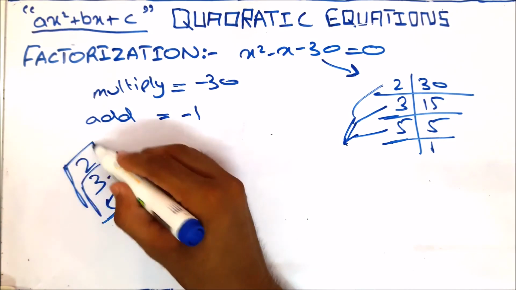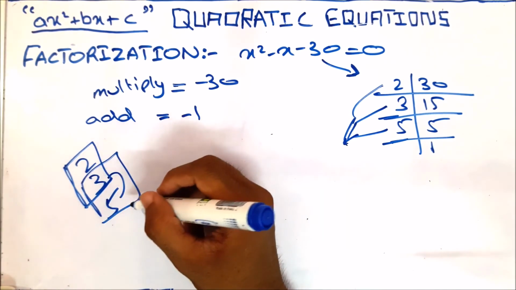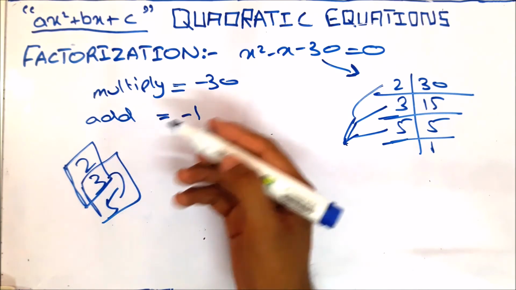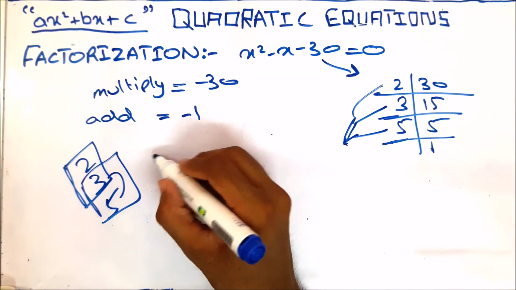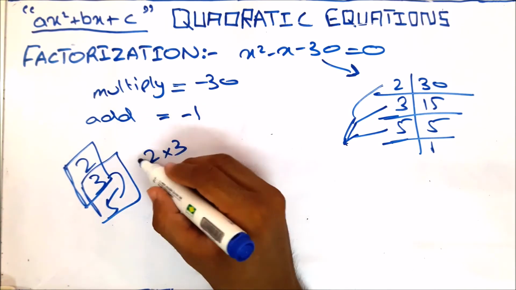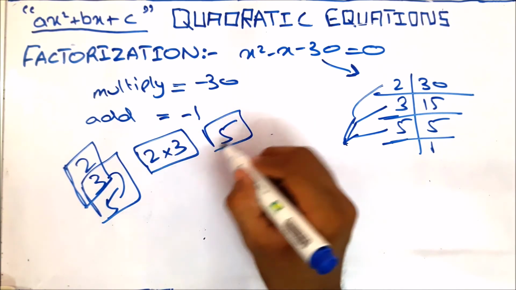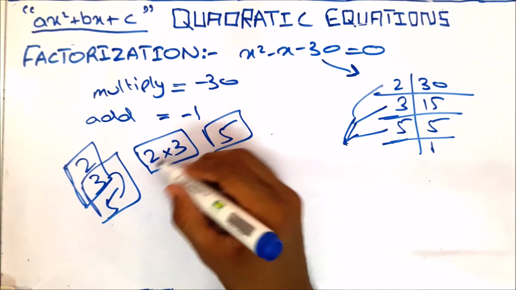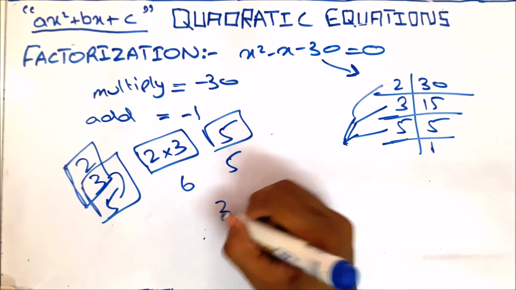Let's try, how do we make it 30? Let's take this 2 and 3, 2 multiplied by 3, make this a number and take 5 as the other number. So 2 times 3 is 6, and this is 5. 6 times 5 is 30.